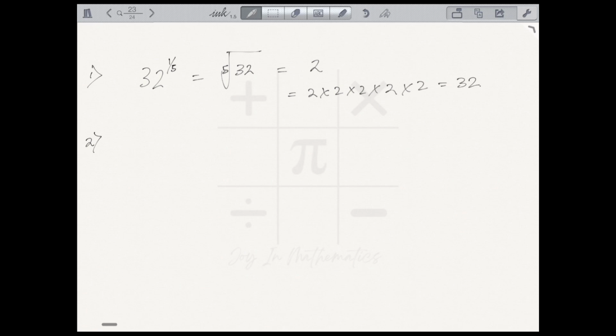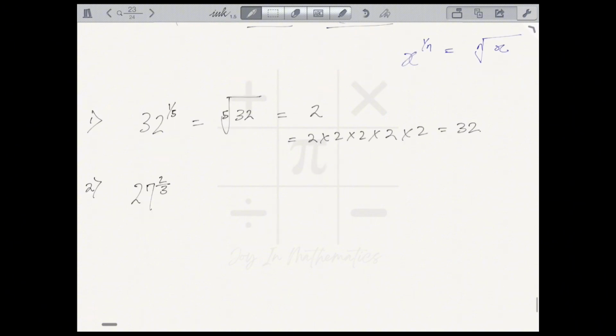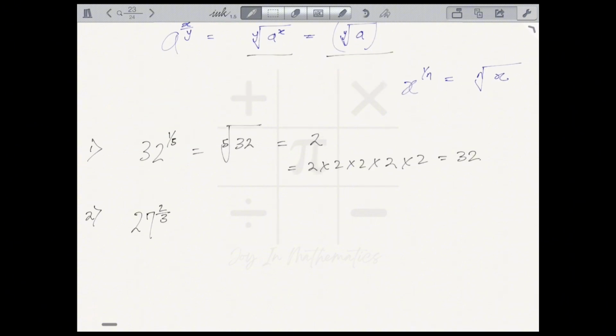In the same vein, let's deal with 27 raised to the power of 2 over 3. In this case we are going to apply this principle. We can either go this route, use this formula, or this formula, so we'll try the two and see how it can be applied.